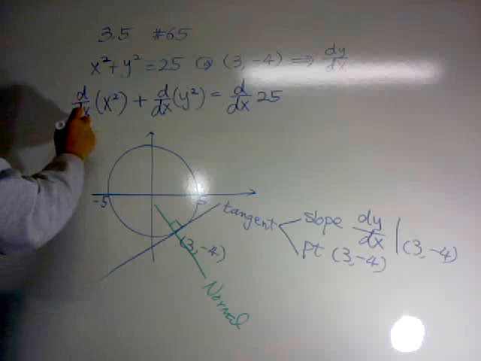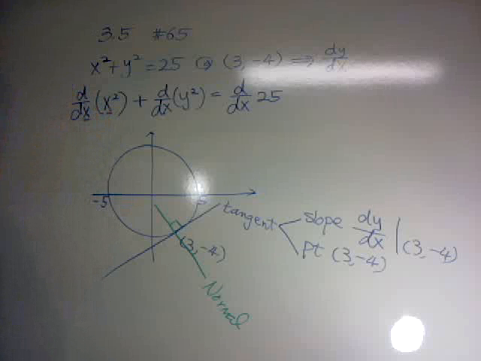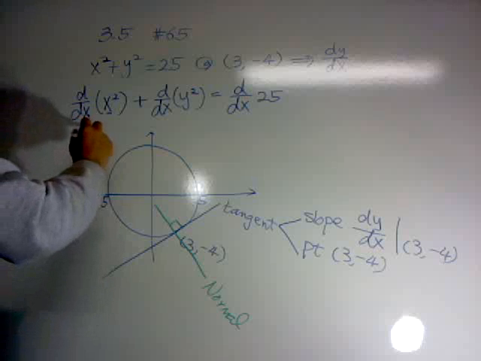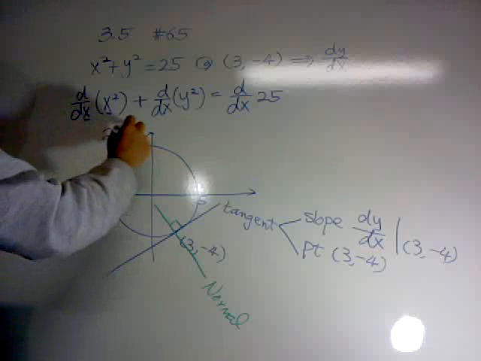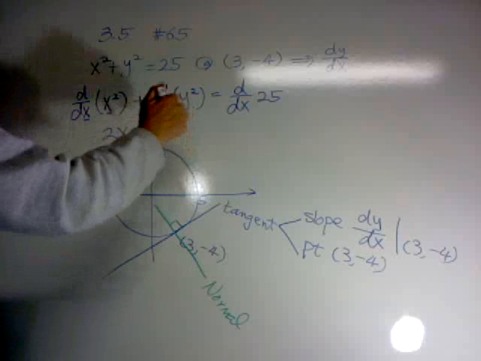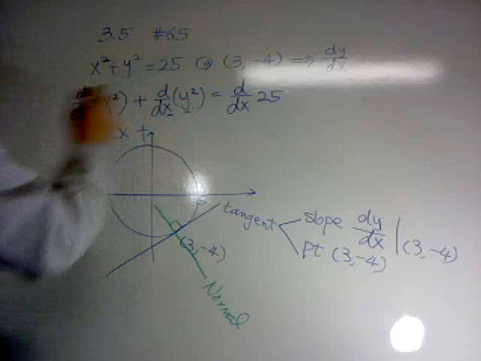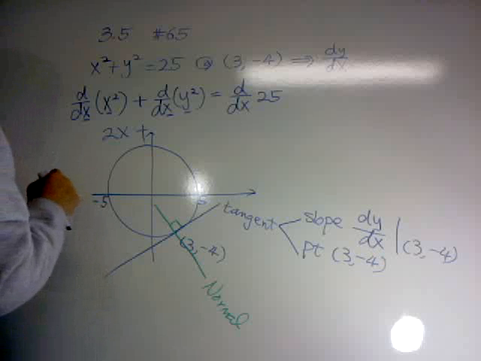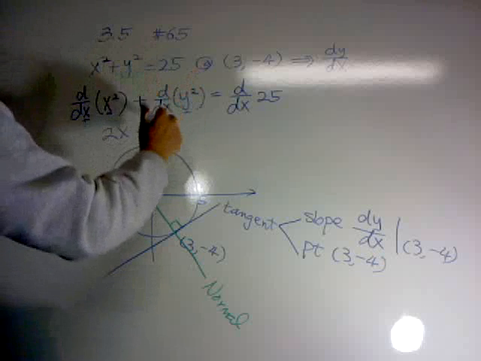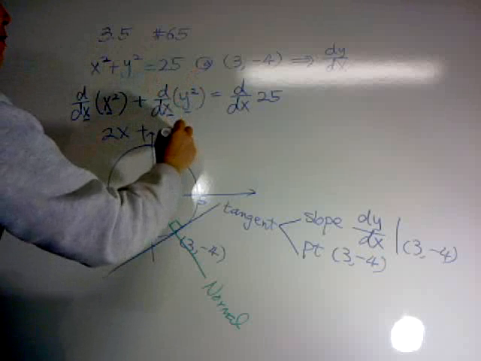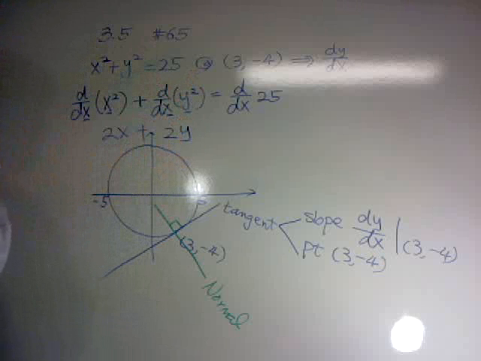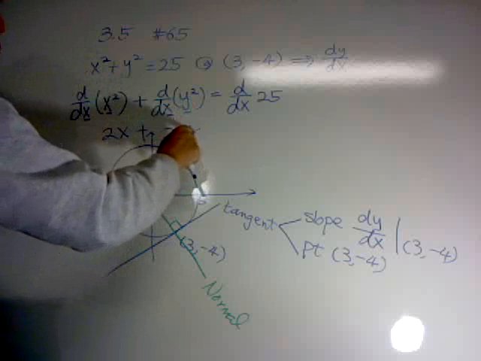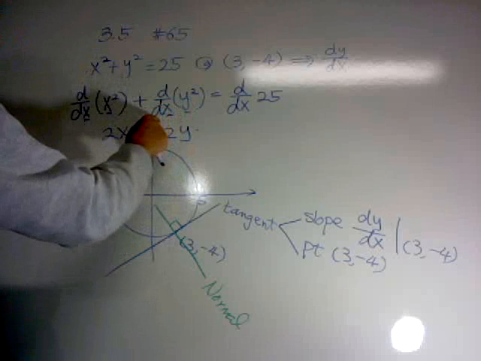Over here, x and x, the variables agree. That means normal differentiation, which gives you 2x plus. Over here, x and y, they do not agree. They are different. That means we are going to differentiate y squared as if we differentiate with respect to y, but now we are going to say, hey, we are differentiating y with respect to x.